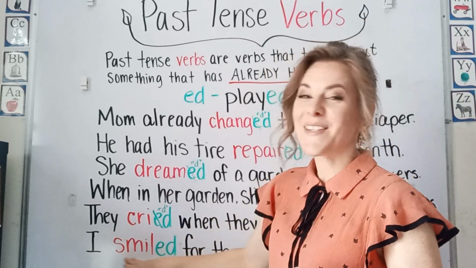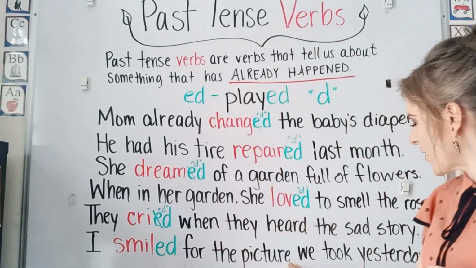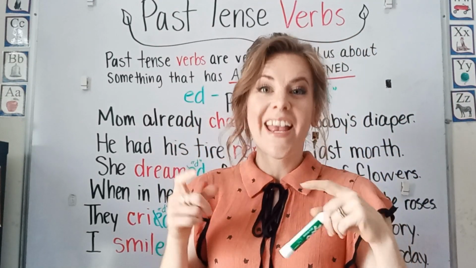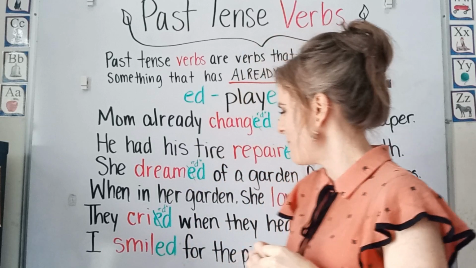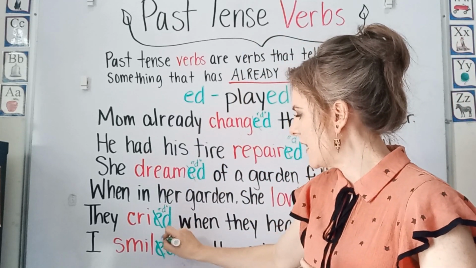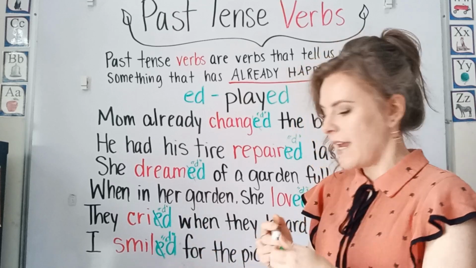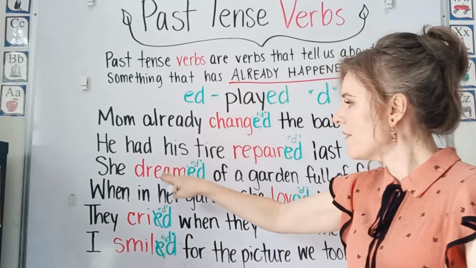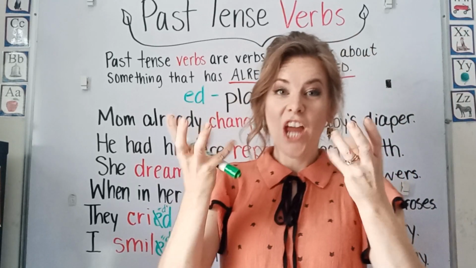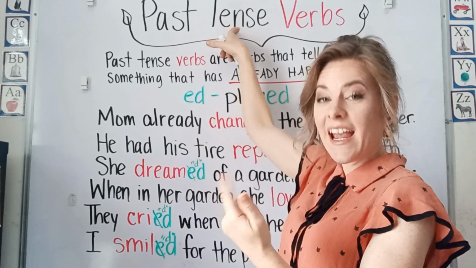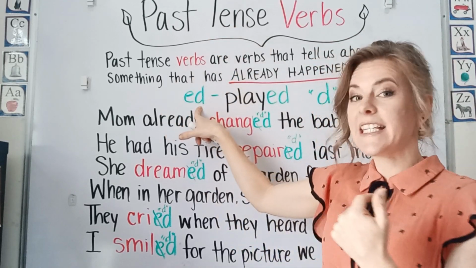Okay? I smiled for the picture we took yesterday. So yesterday we were taking pictures and I smiled for the picture. Okay? Smiled. E is silent, and it just makes a D sound. So all of these verbs have been changed into past tense verbs by adding the suffix ed.